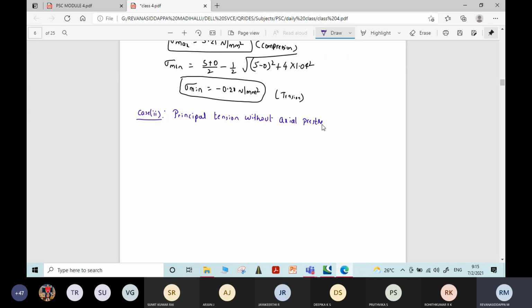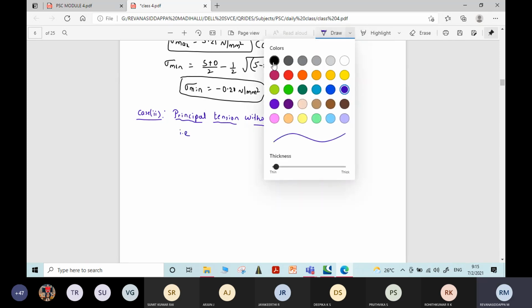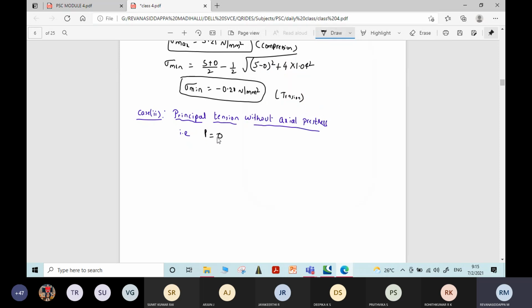Okay, without axial pre-stress means there is no pre-stressing force, that is P equal to 0, right? When pre-stress equal to 0, Fx equal to P by A will be equal to 0. Then Fy equal to 0. Okay.